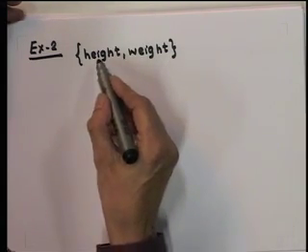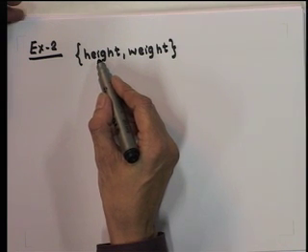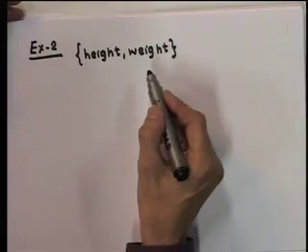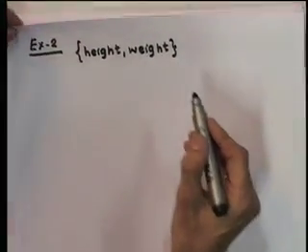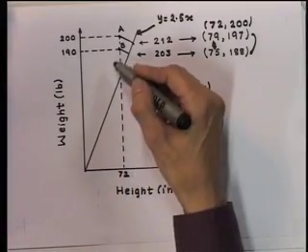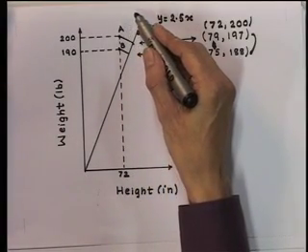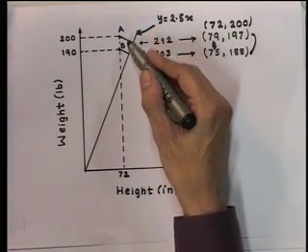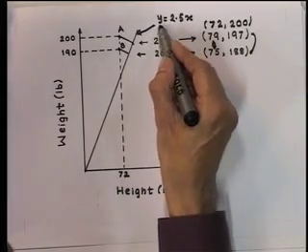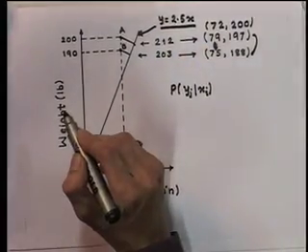So, if we plot the height along the x axis and the weight along the y axis, the data points cluster along the line which is given by y is equal to 2.5 x.